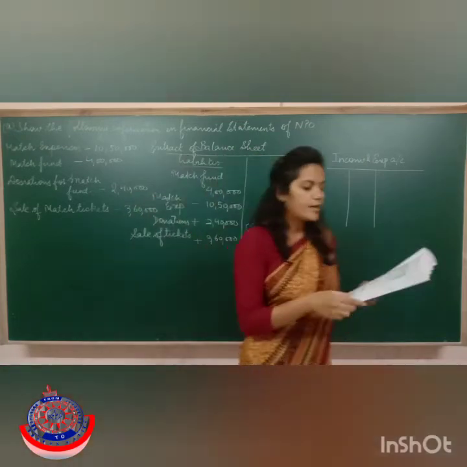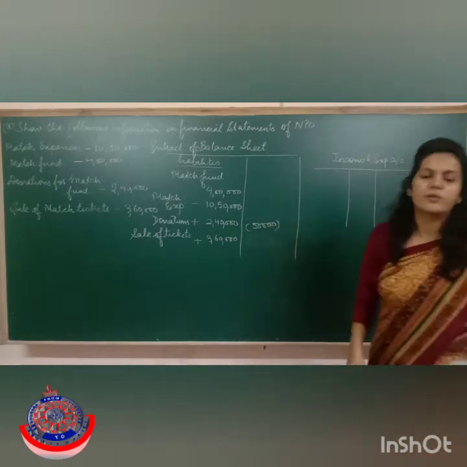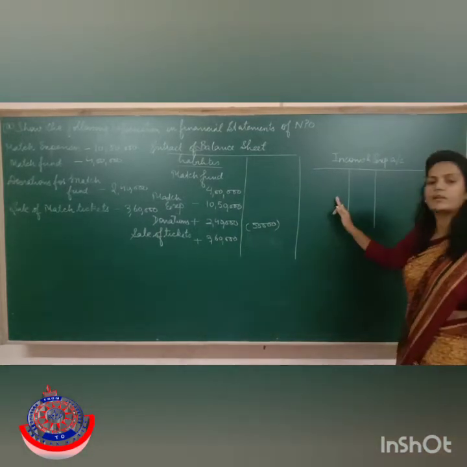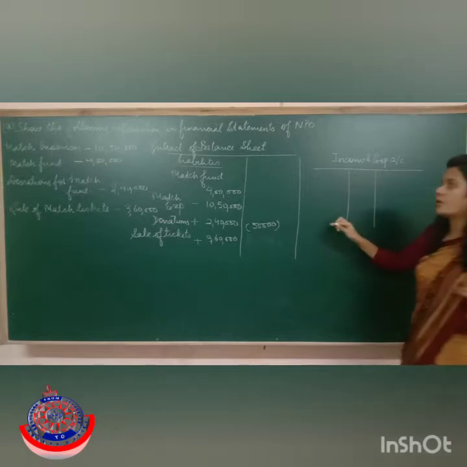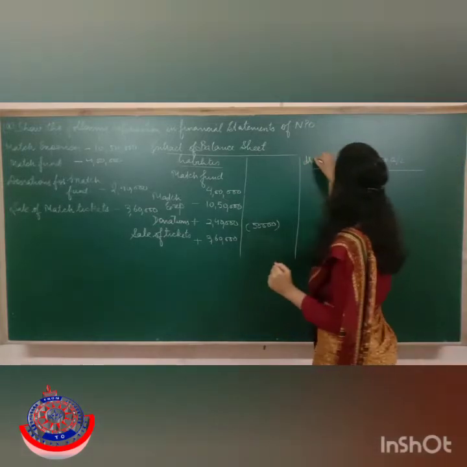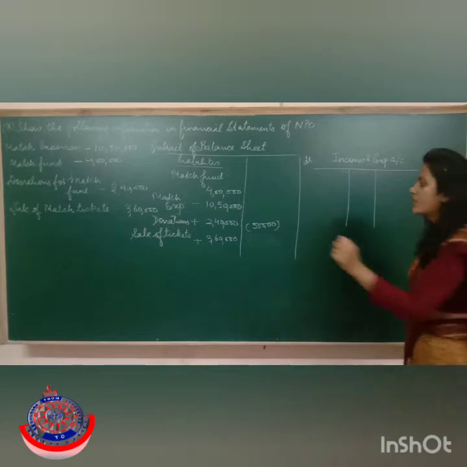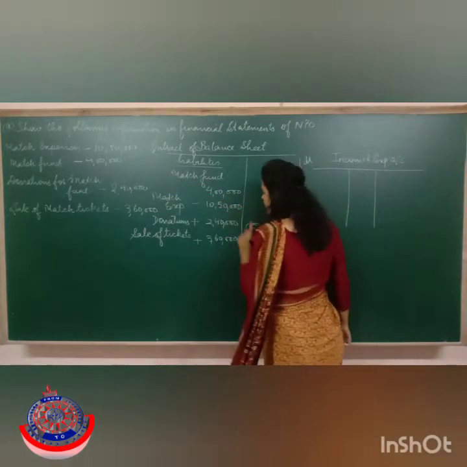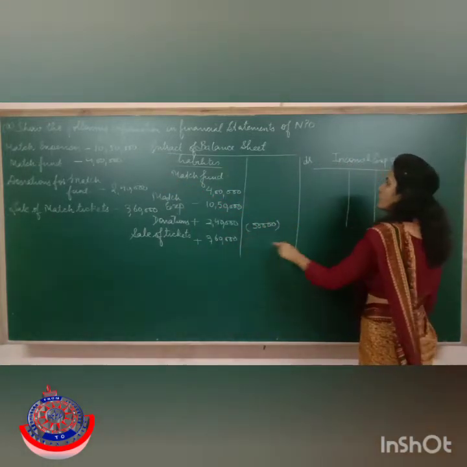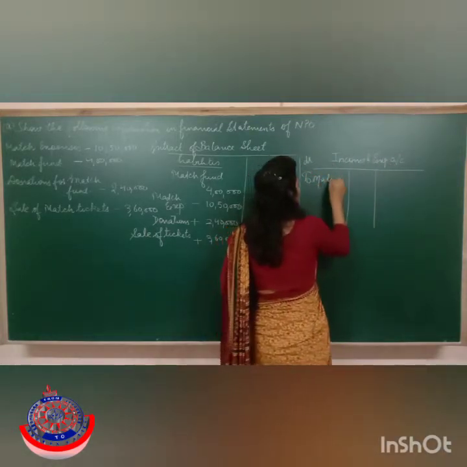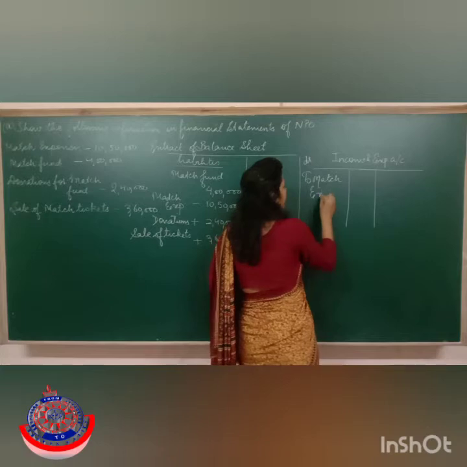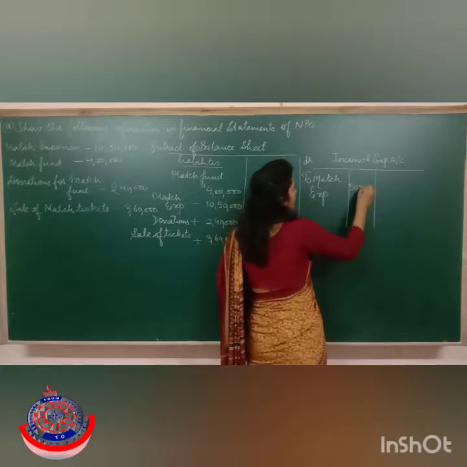So this 50,000 will be shown on the debit side of the income and expenditure account. As you know, it is a nominal account, where on the debit side you show all the expenses and losses. As the balance of the fund is now negative, you have to transfer this loss into this account. So here you are going to write match expenses 50,000.